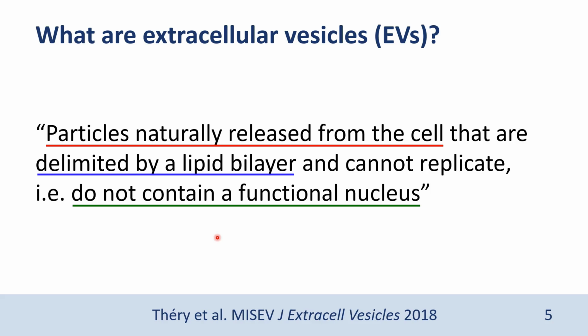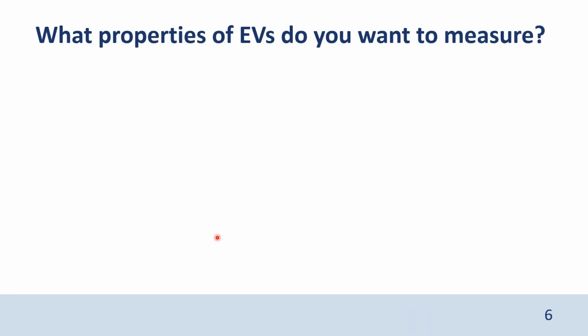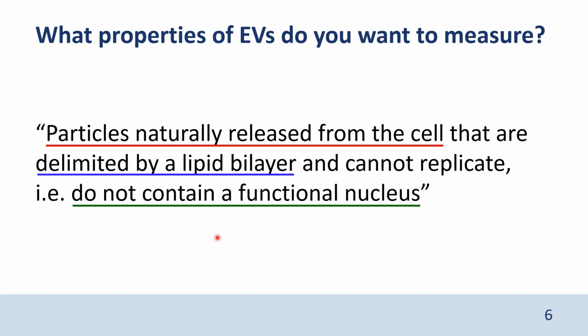And only if we have confirmed these three aspects, we know we are dealing with vesicles. So, what properties of EVs do you want to measure? The answer should be these three properties. And actually, these you don't want to measure. If you claim you're measuring EVs, you need to measure these.